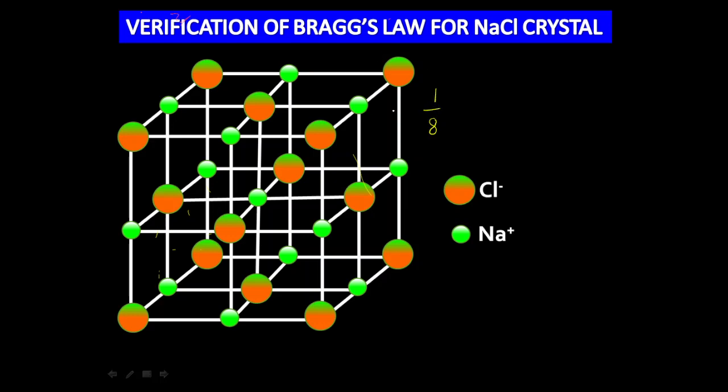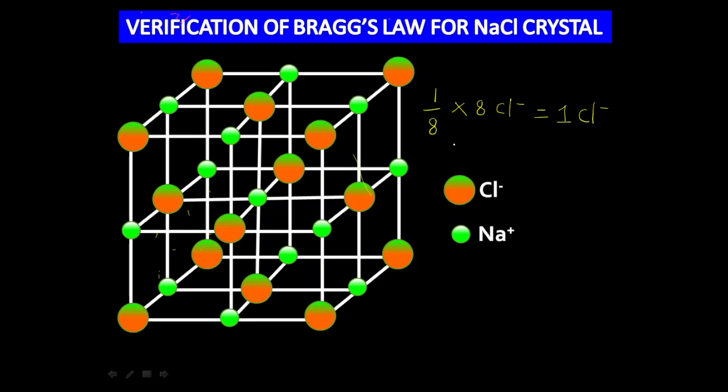The corner atom contribution is 1 by 8, and there are 8 Cl- ions present at the corners, so the total contribution would be 1 Cl. Then there are the Cl- ions at the center of each face, and there are 6 faces of this large cube.